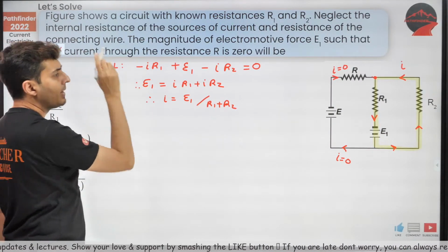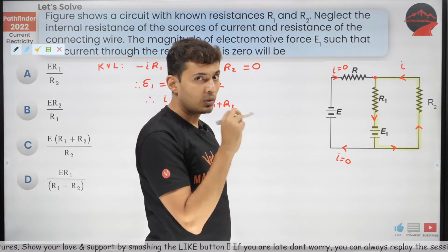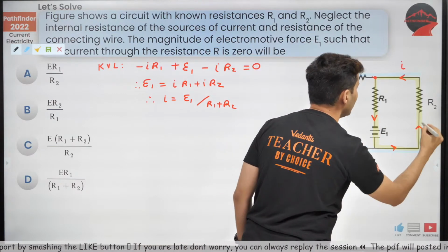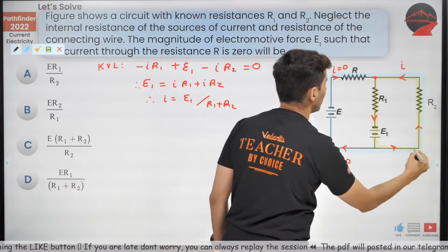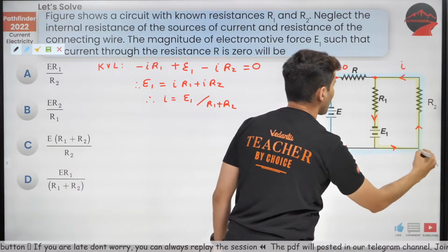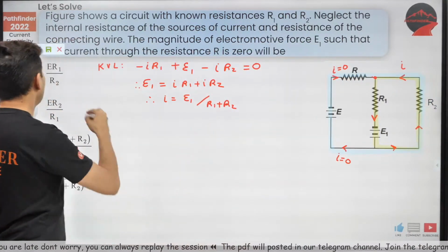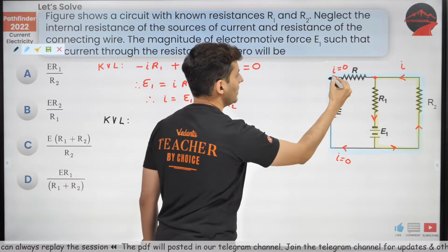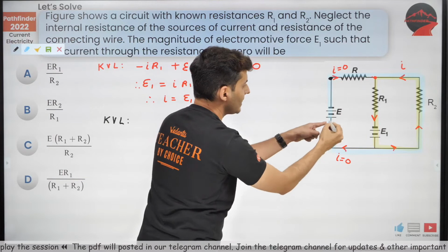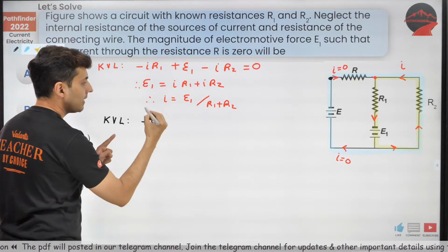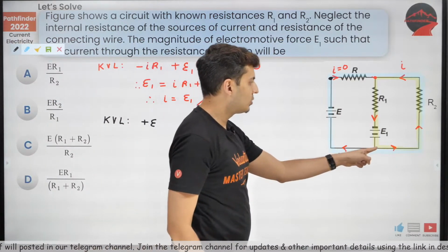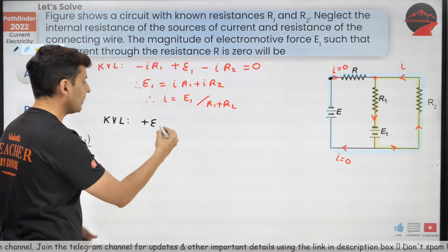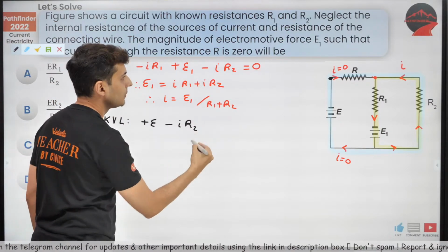What if I apply another Kirchhoff's voltage loop law, but for the outermost branch? I hope you can see this, the outermost branch. Let's see what we get. Let's say I start from here. Battery is there, so plus E, low to high. Nothing is over here. Only one resistor going in the direction of current, so the voltage will drop by I into R2.